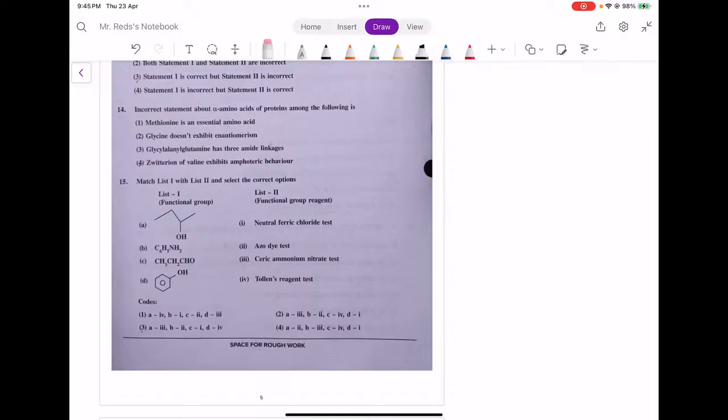Phenol gives the neutral ferric chloride test. Whenever phenol reacts with neutral ferric chloride, it gives a violet color. Next, students, aniline gives the azo dye test.